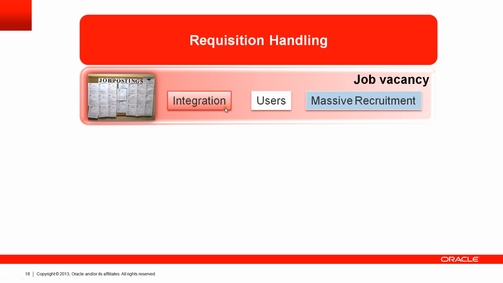Then, depending on the user that we are logging in, we can have a different view of the application, and we will have a look at this as well. And in terms of massive recruitment, this is what we are going to see today in the demo environment. We don't already have a requisition created in the master data core HR, so we are going to create a new requisition inside Taleo using the templates.